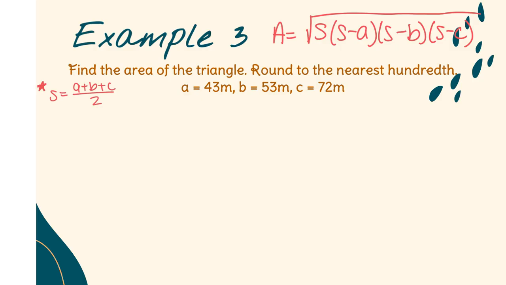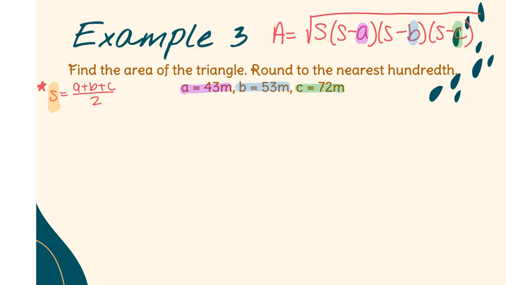So let's go ahead and try and find the area. First thing I have to do is find our S. Okay, I already am given my A, which goes here, my B, which goes here, and my C, which goes here. I have to go ahead and solve for that S. Okay, this is what I'm solving for.